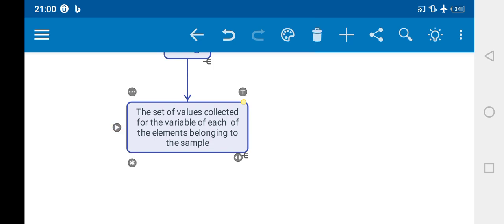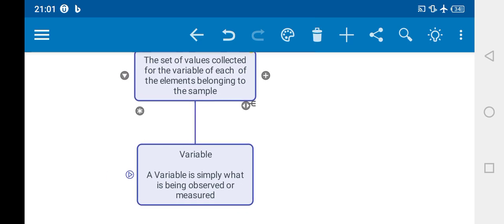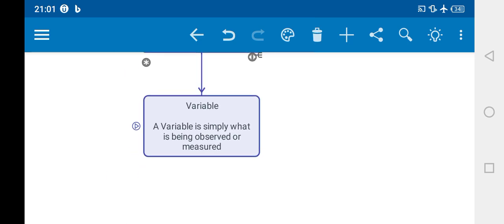It means data contains variables, and variables are those observable things which we want to measure in our study. Like in the example of the lab test, we want to check the level of sodium, so sodium is a variable. We want to check the level of potassium, so potassium is a variable.